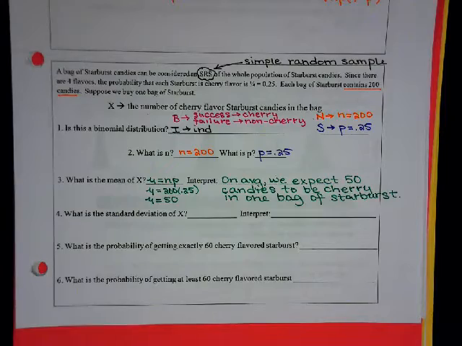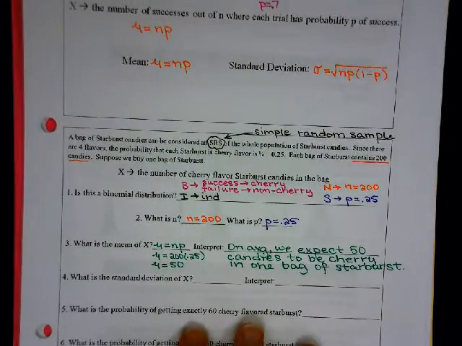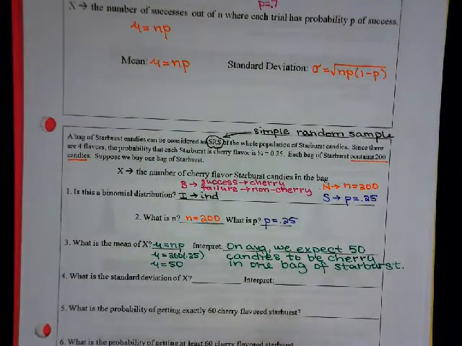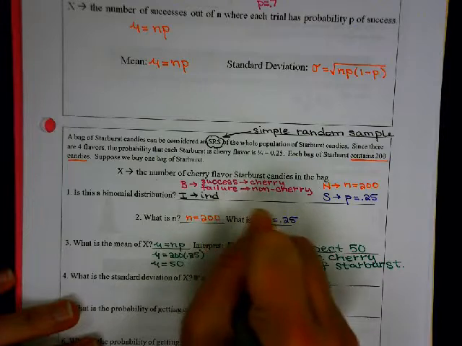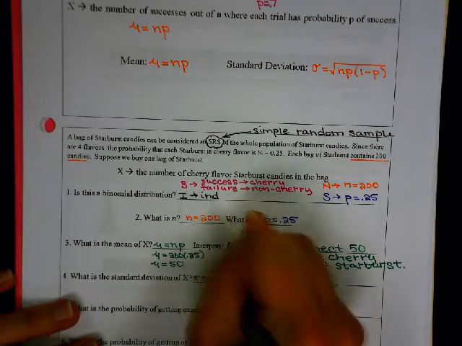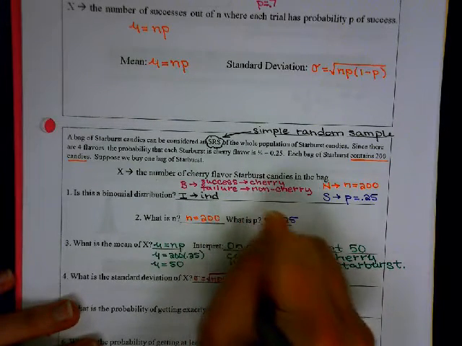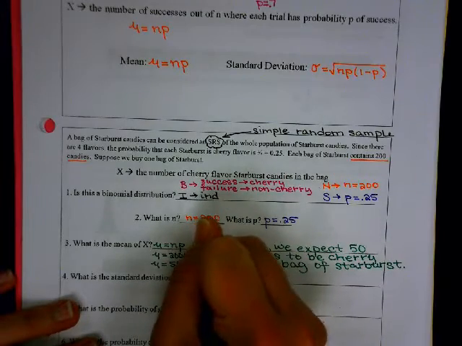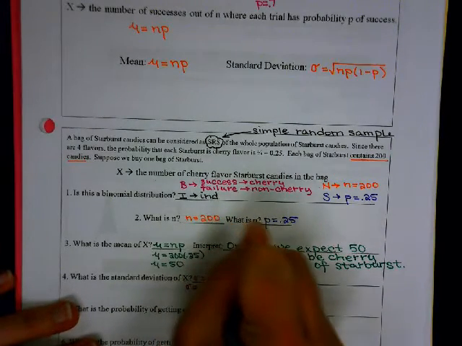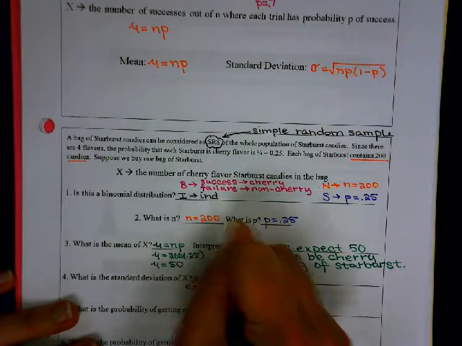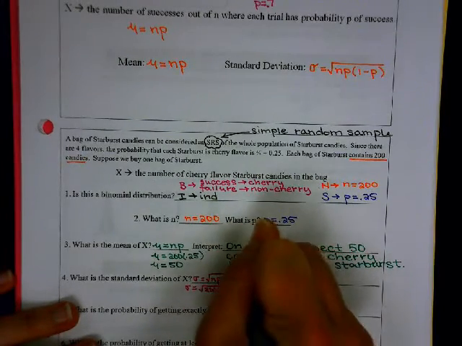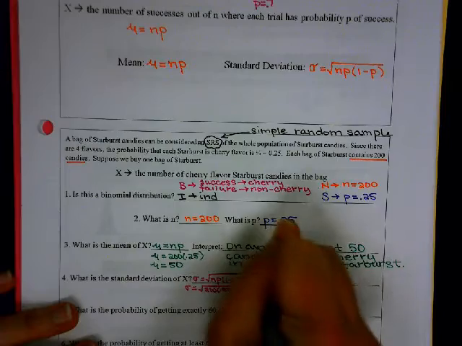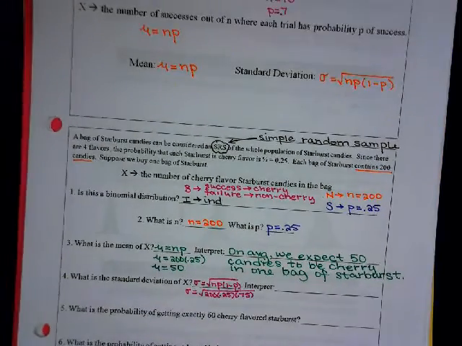Square root of N times P times 1 minus P. So number of trials, which is 200, times probability of success, which is 0.25, times probability of failure, 0.75, and then square root. So we're going to do 200 times 0.25 times 0.75.